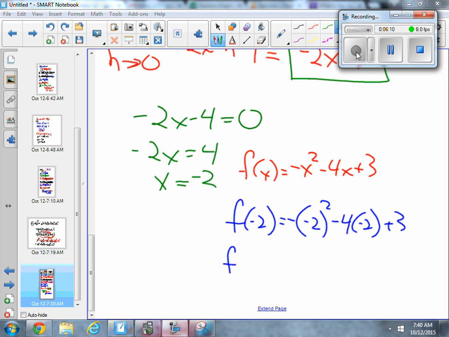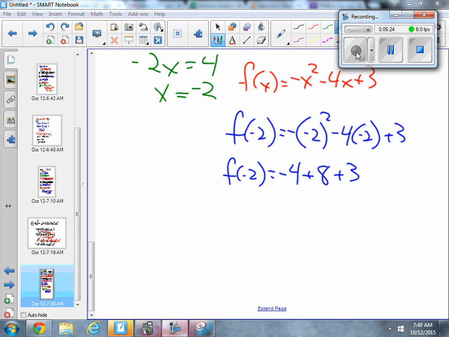F of negative 2 equals negative 4 plus 8 plus 3. Is that right? I think so. Equals 4 plus 3 equals 7. So the point at which my tangent line is horizontal is the point negative 2, 7.